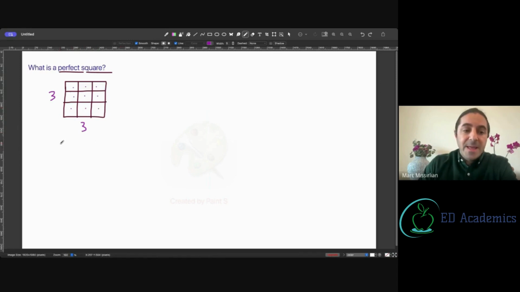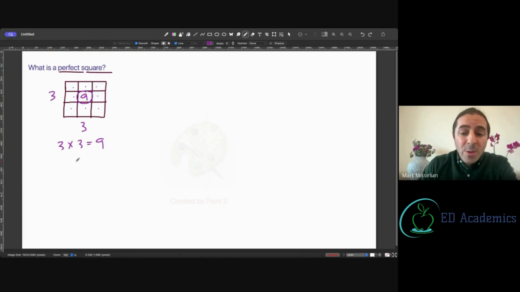So we say that 3 times 3 is 9. That's also what's called the area of the square. The area of any square is its length times its width. In this case, the length and the width are the same thing.